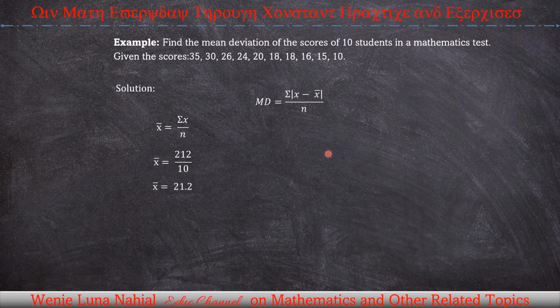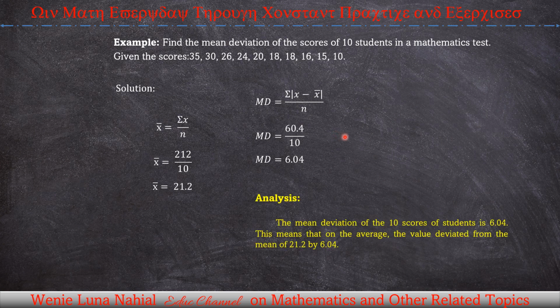Okay? So then add the result. You will get 60.4 divided by 10, you get 6.04. So our analysis here, the mean deviation of the 10 scores of students is 6.04.